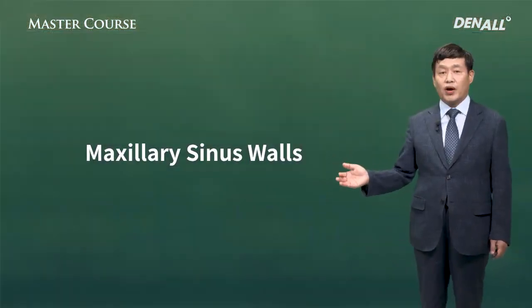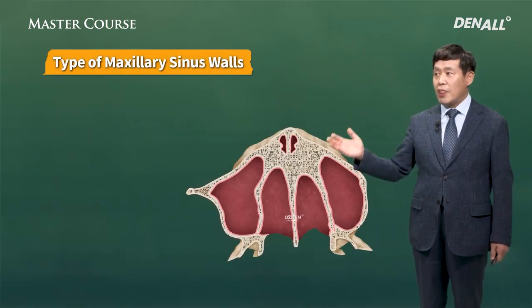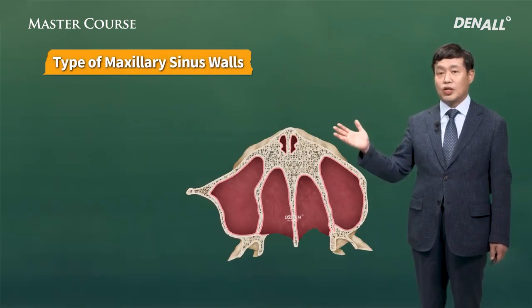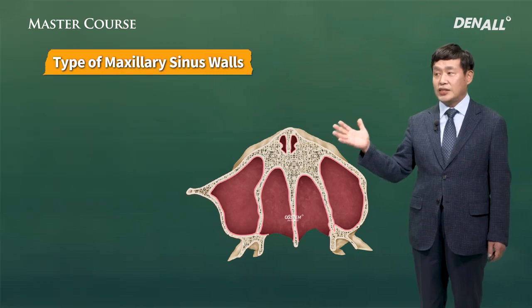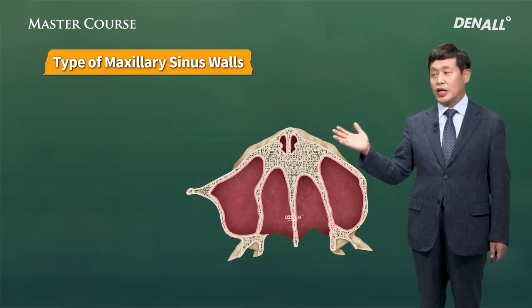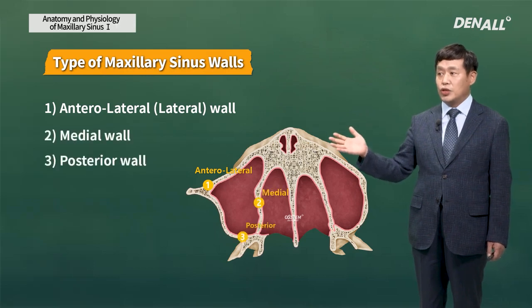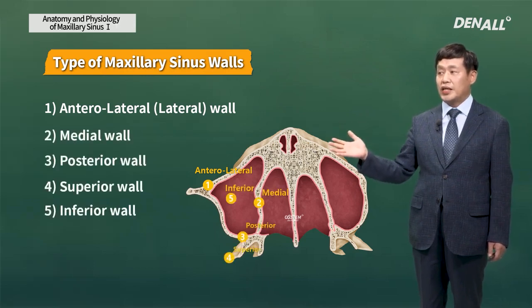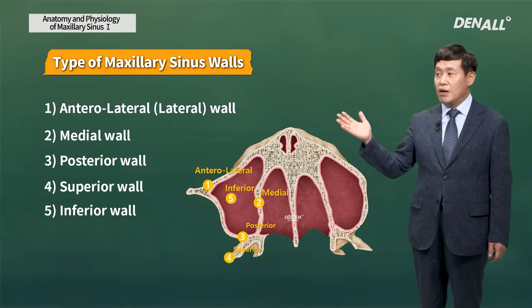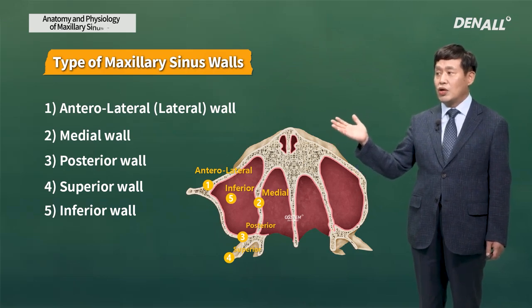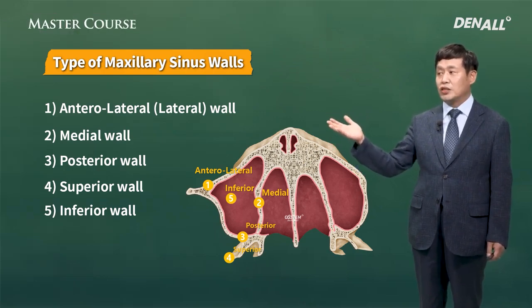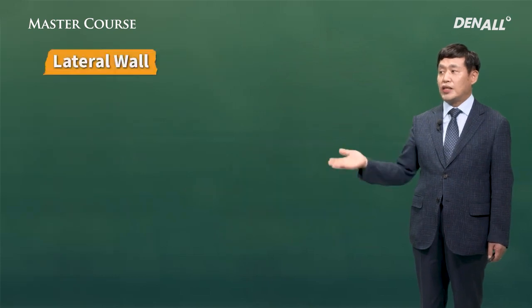Next, maxillary sinus walls. As I said before, maxillary sinus has a shape of pyramid, and there are 5 walls: anterior lateral wall, medial wall, posterior, superior, and inferior walls. In general, the anterior lateral wall is on the distal side, so it is called a lateral wall.